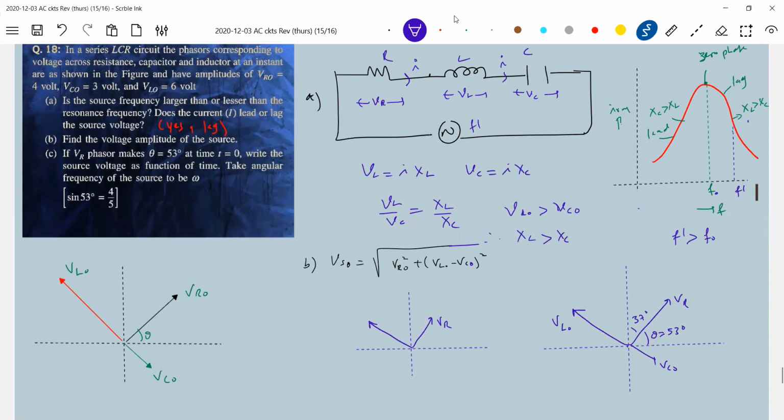The VR value we know: VRO is 4 volt. And VLO minus VCO, VLC, let me write it. This should be equal to 3 volt. And this angle is 37 degrees.